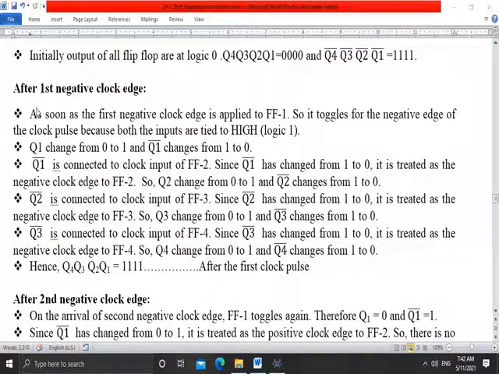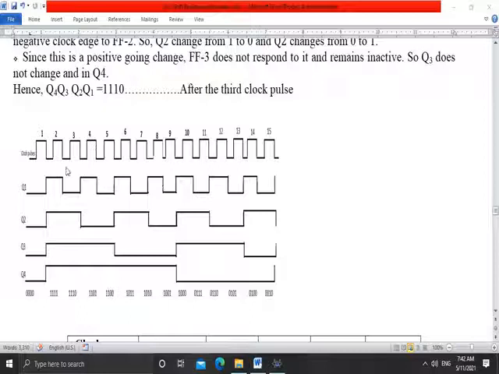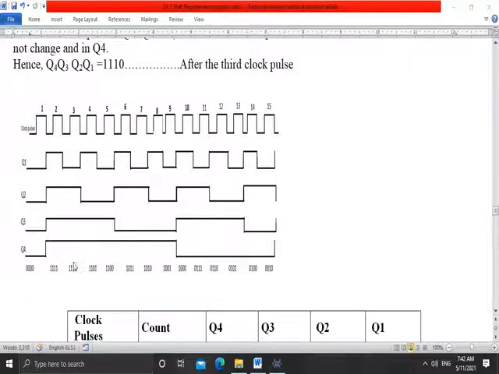You have to write this in words, then draw this in the waveform. So after the first clock pulse, Q1 becomes 1, Q2 becomes 1, Q3 becomes 1, and Q4 becomes 1.